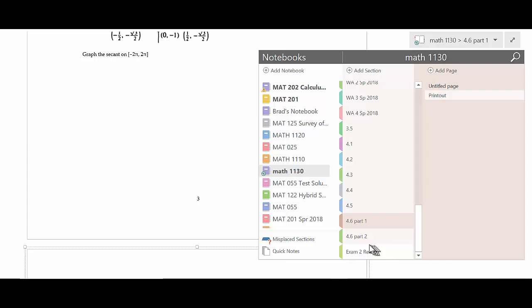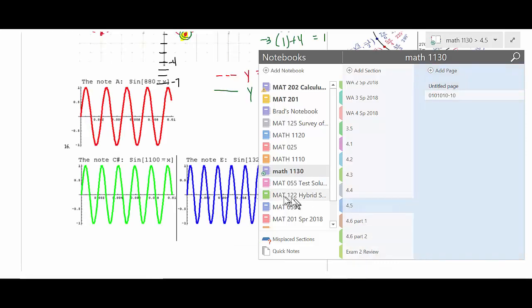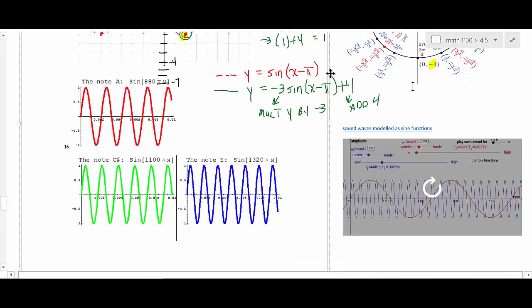The other thing I just added, because you might find this interesting if you've ever played a musical instrument: the note A, like on a guitar, your A string, is 440 cycles per second. If you have a tuner, you tune it to 440 cycles per second. That's getting the period to cycle in a certain way.